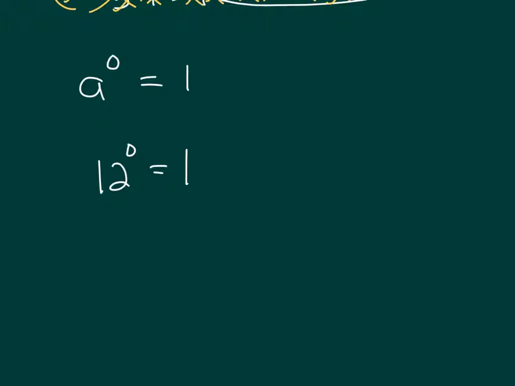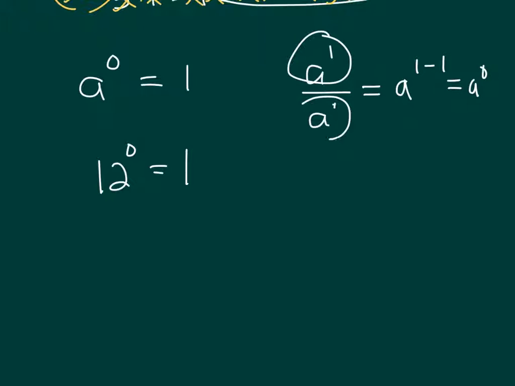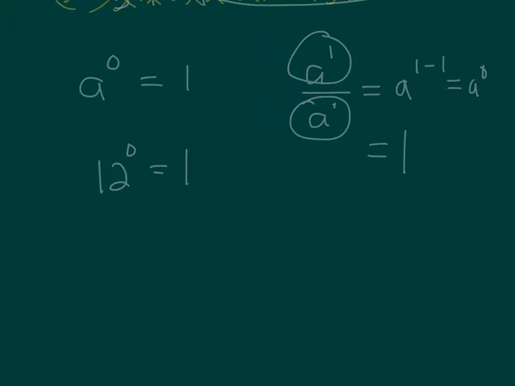Because you remember the quotient rule says that if we have a to the 1 over a to the 1, we would subtract those exponents, and when we subtract those exponents we get a to the 1 minus 1, which is a to the 0. But we also know that when we have a numerator that's the same as the denominator, that just equals 1. So that's where all of this comes from. So anything raised to the 0 power just equals 1.